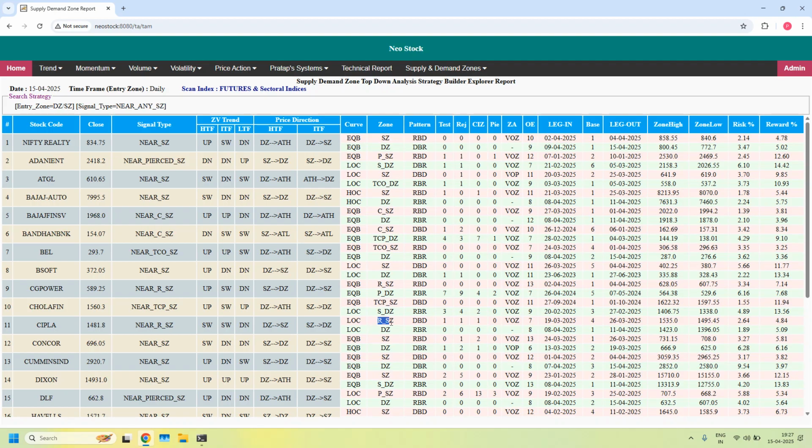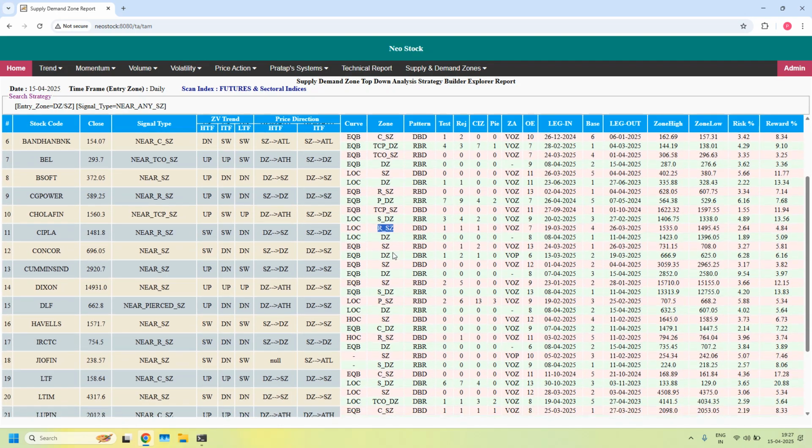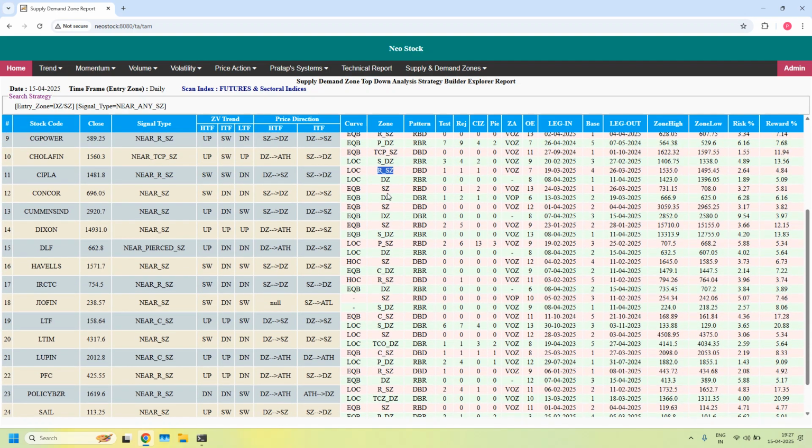And Cipla is having a daily high liquidity supply zone. IRCTC is having a daily high liquidity supply zone. L&T Finance is having a daily high liquidity supply zone. Lupin is having a daily high liquidity supply zone.